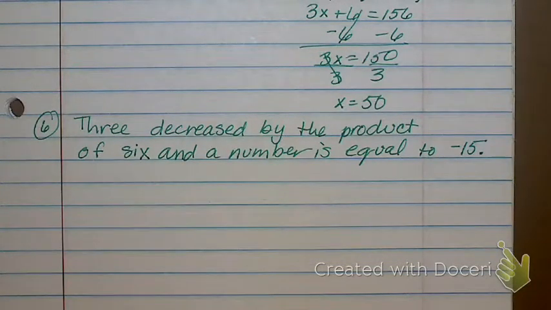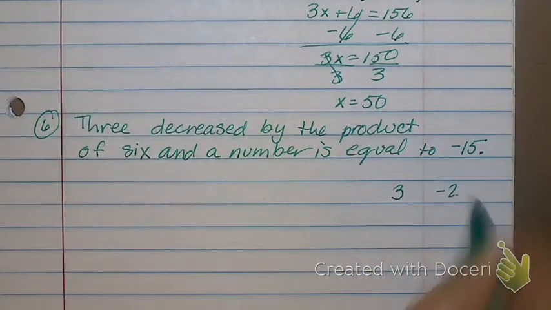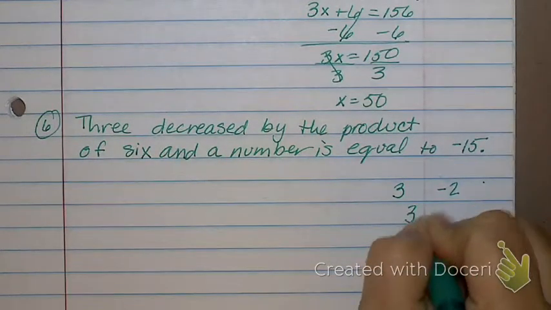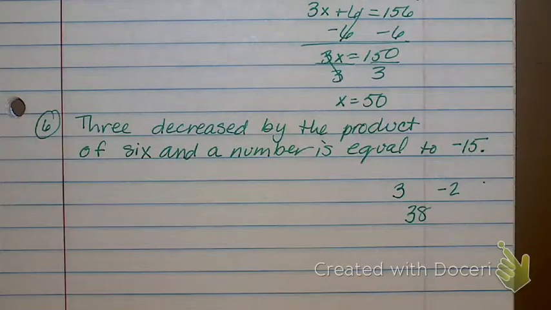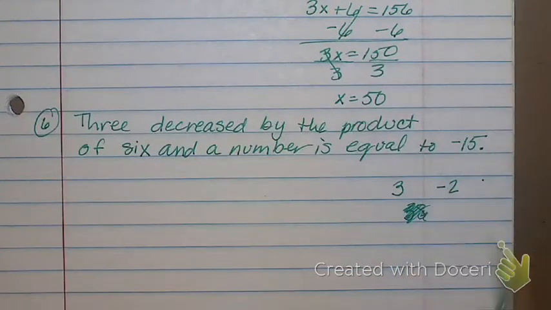32. What did I hear there? I heard 3, and I heard -2. Did I hear anything else there? 38. Any other numbers? I didn't get 38. Okay, what'd you get then? I got 3. You got 3. Okay. I was going to say 38's kind of out there, but we'll see.